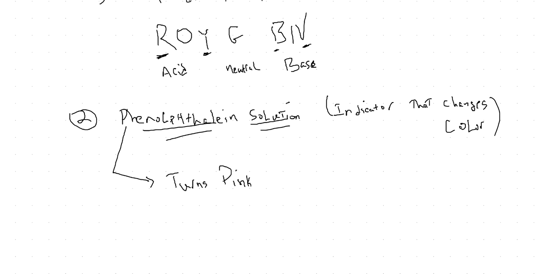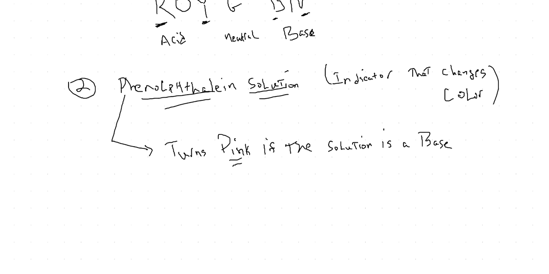It turns pink if the solution is basic, if the solution is a base. Now, I want you to pay attention. If it doesn't turn pink, then you cannot say it's an acid. If there's no change in the color, all you can say with phenolphthalein is that it's not a base.